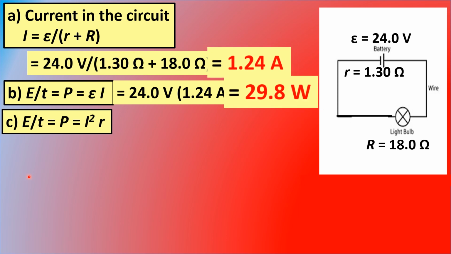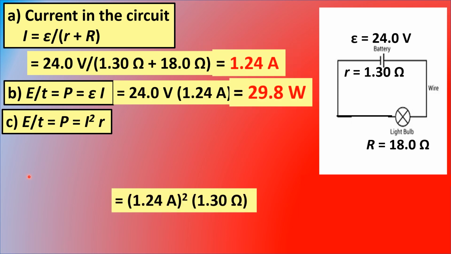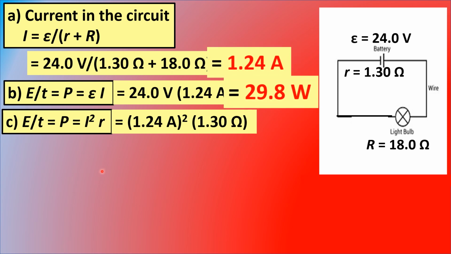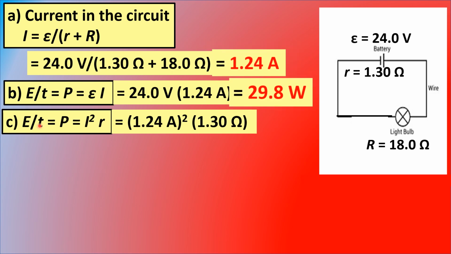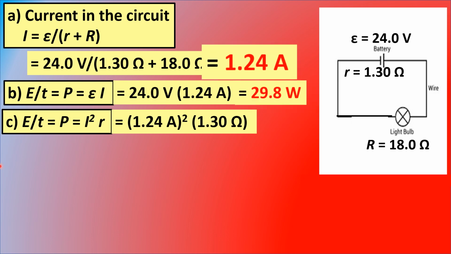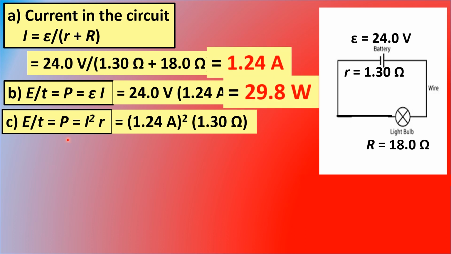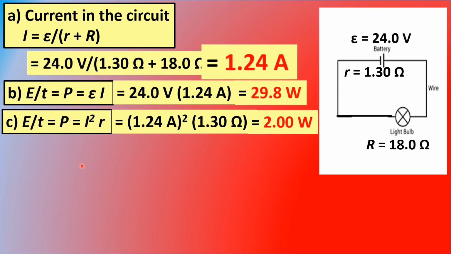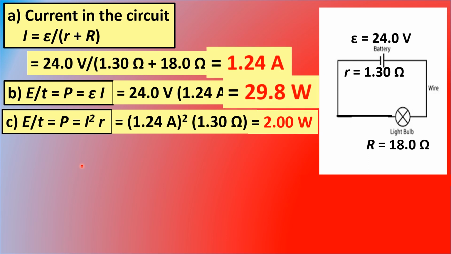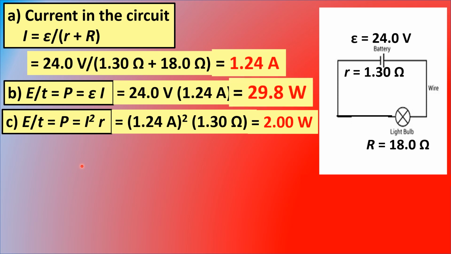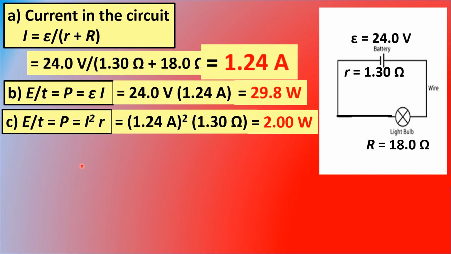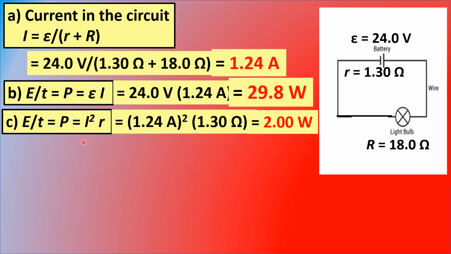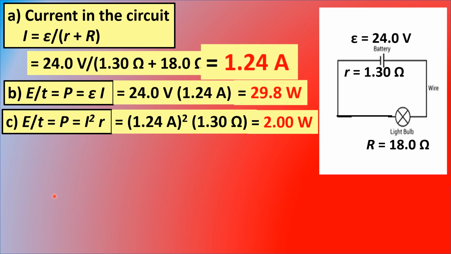And so, when we substitute the calculated I, 1.24 amperes, squared, multiplied by the internal resistance, small r, 1.30 ohms, we will get the amount of power dissipated in the battery equal to 2.00 watts or 2.00 joules per second.